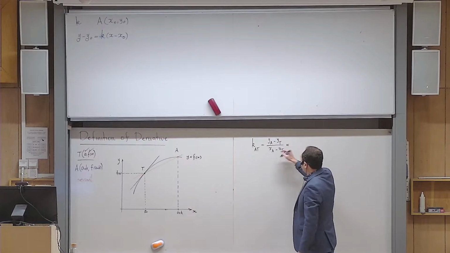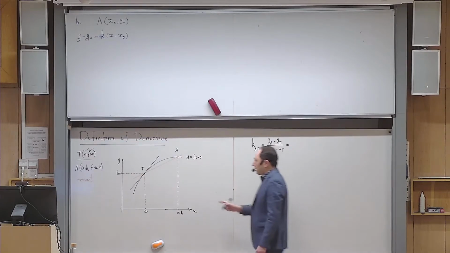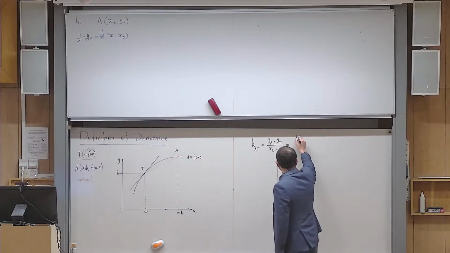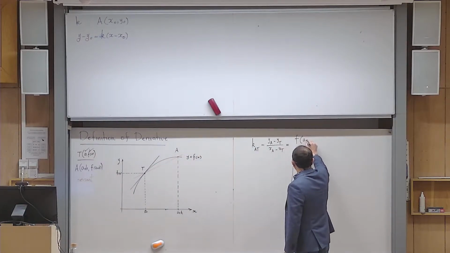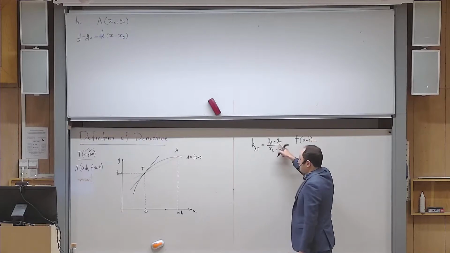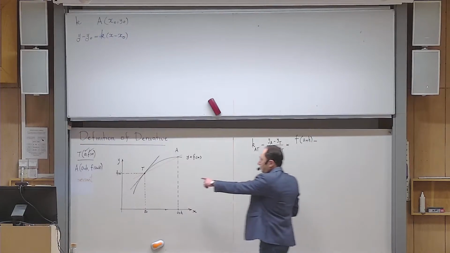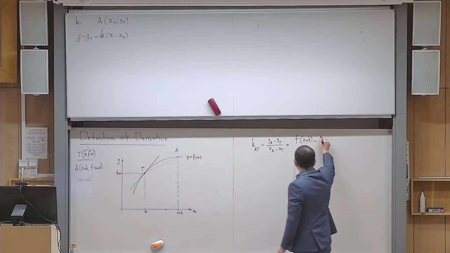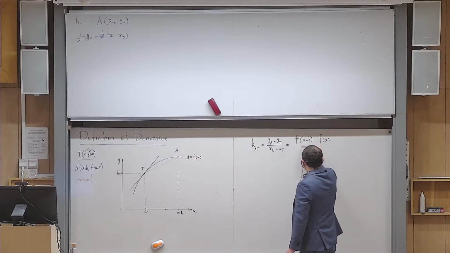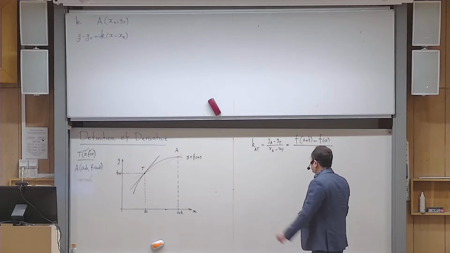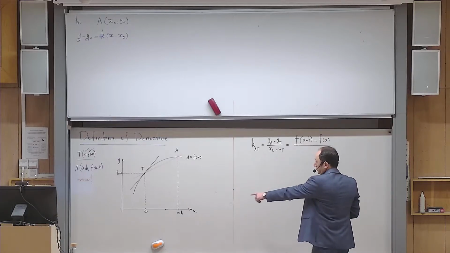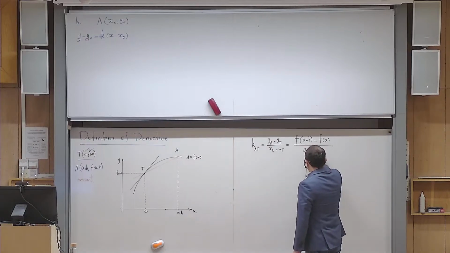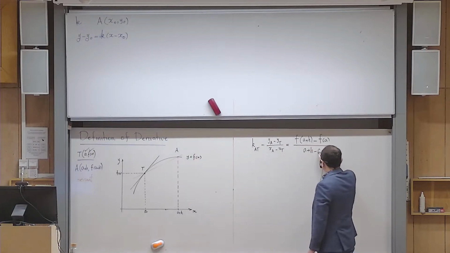Instead of y of A, I put the y coordinate of A, which is f of a plus h, minus, instead of y of t, I put the y coordinate of t, which you see is f of a. And then instead of x of A, it is a plus h, and x of t is a.